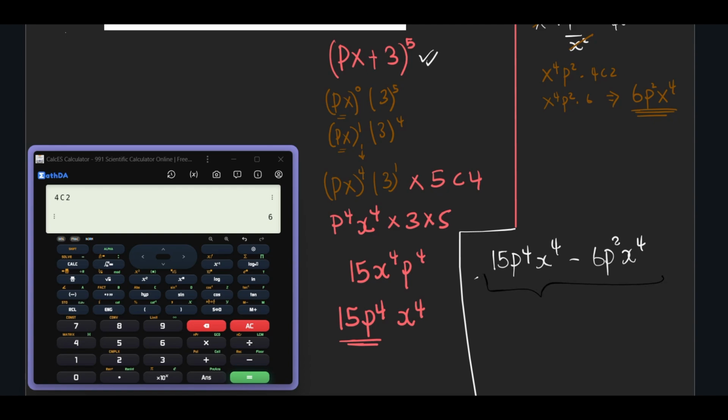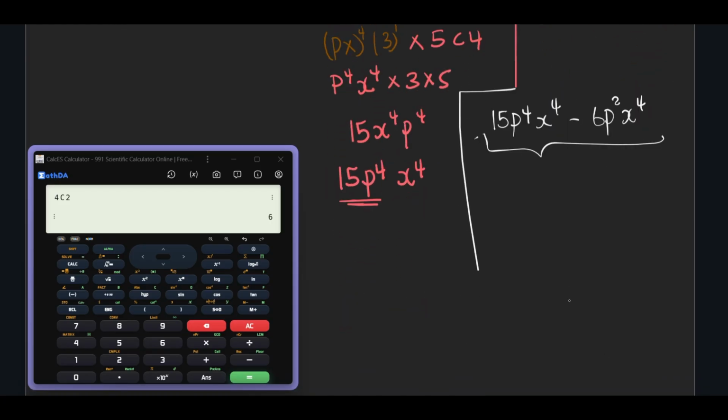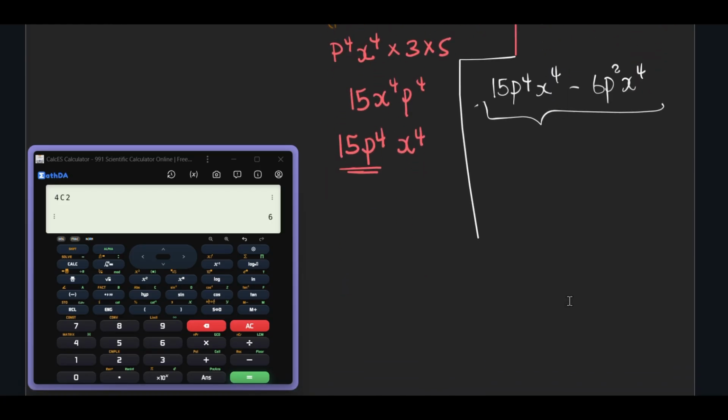These are the only terms that will be able to carry x to the power 4. Now, what you need to do is just factor out, because x to the power 4 becomes a common term. So x to the power 4 into 15p to the power 4 minus 6p to the power 2.